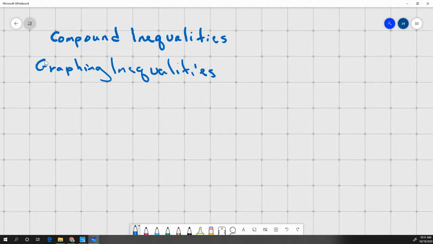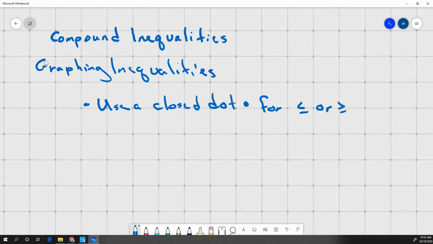What I wanted you to remember, though, is use a closed dot for less than and equal to or greater than and equal to, right? It's got to also have that equal to line under it for it to be a closed dot.